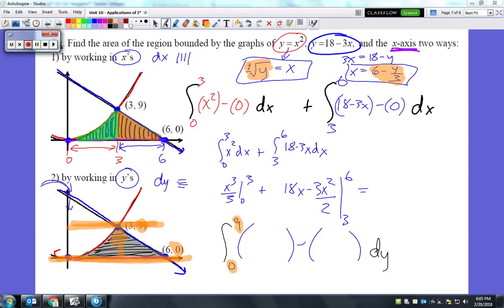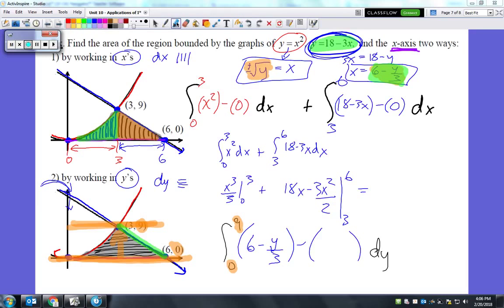So when I rotate my head 90 degrees, I'm going to highlight in green right now. This right here becomes my top function over that entire interval, and that top function is this function here, but we have to write it in terms of y. So the top function is 6 minus y over 3.